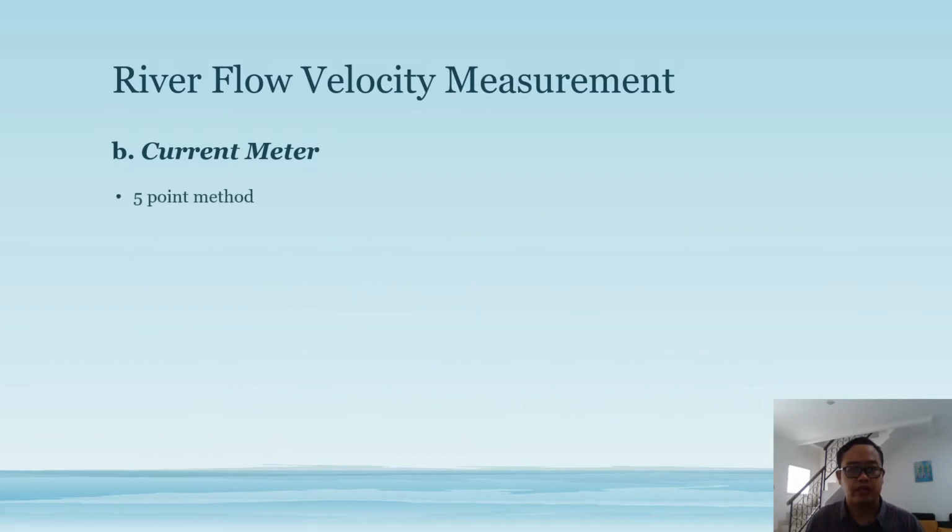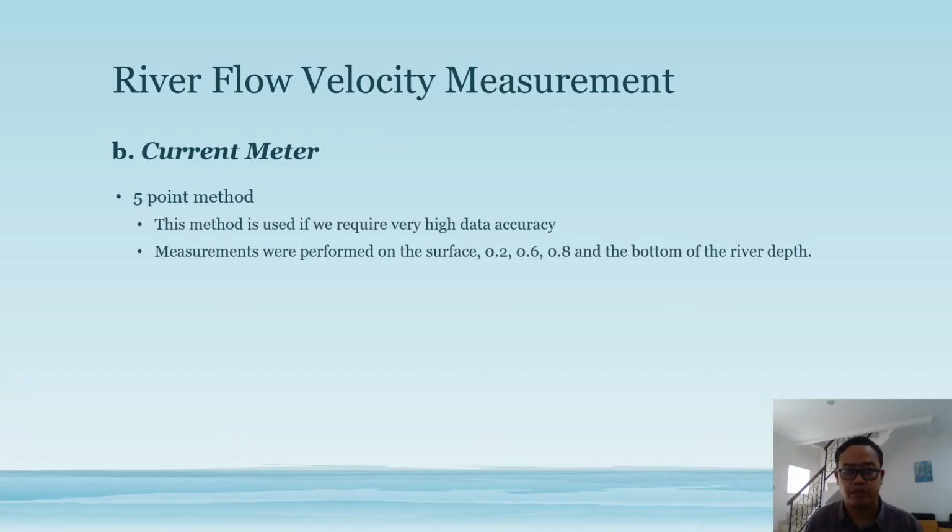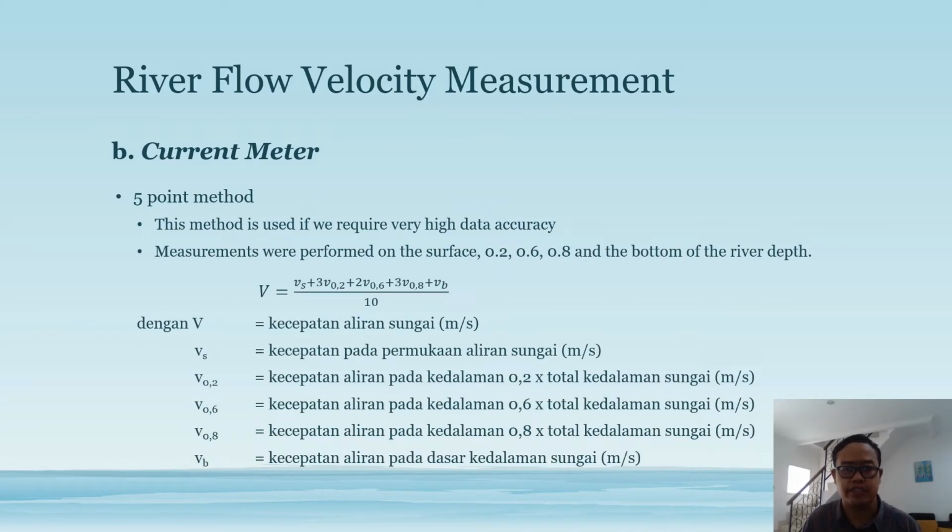And the last method is the 5-point method. This method is the most detailed method in determining the velocity of the river flow because it uses 5 reference points. The measurements are performed at the surface, 0.2, 0.6, 0.8, and the bottom of the river depth.